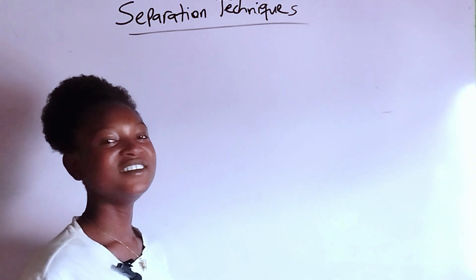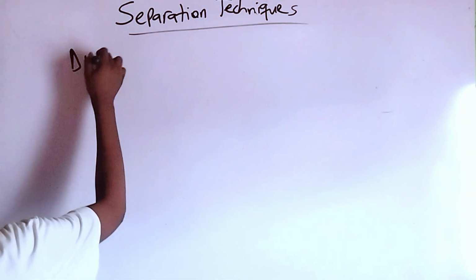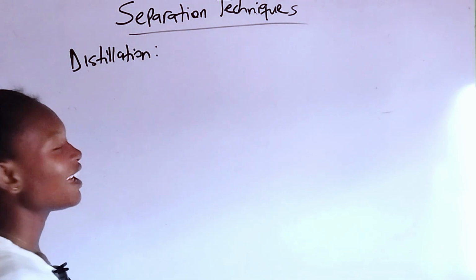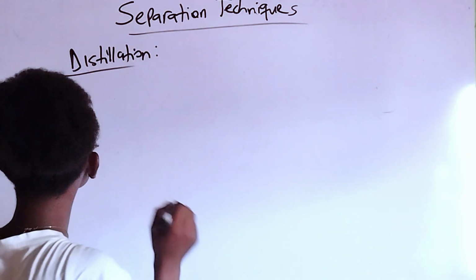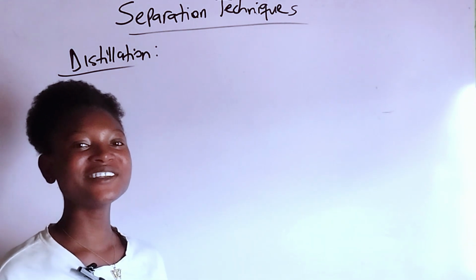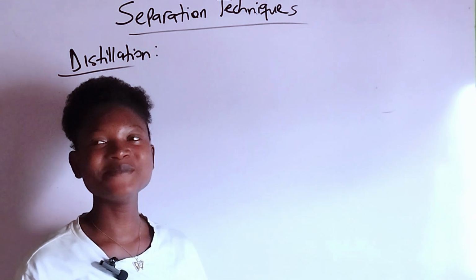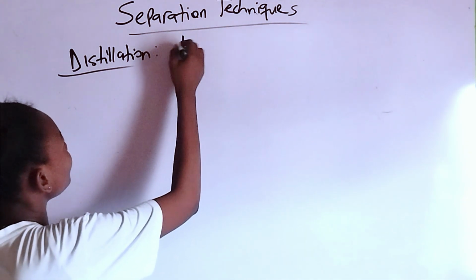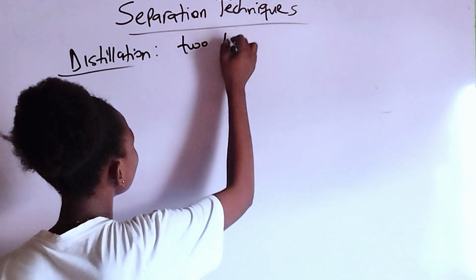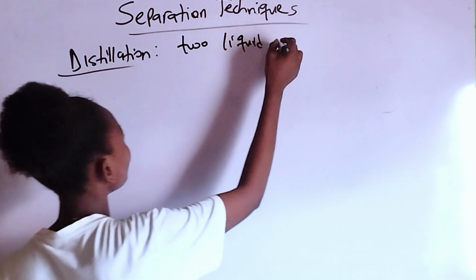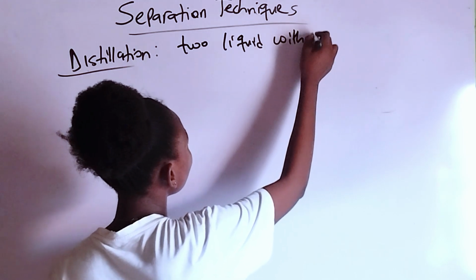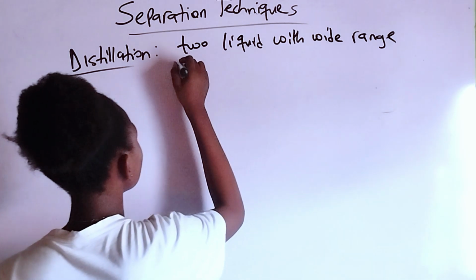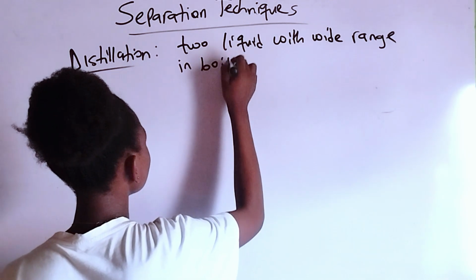Another method is distillation. I've lost count of the number. Anyways, distillation is simply a method of separating two liquids with a wide range in boiling point.